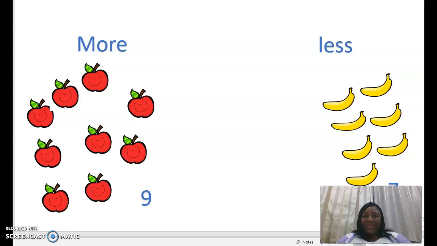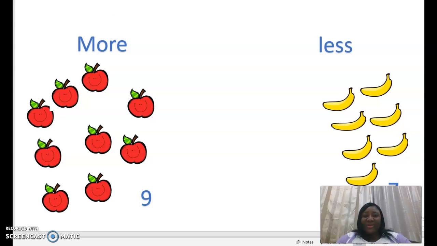In math today, we will be looking at the concepts of more and less. How do I tell which group of objects is more? How do I tell which group of objects is less?